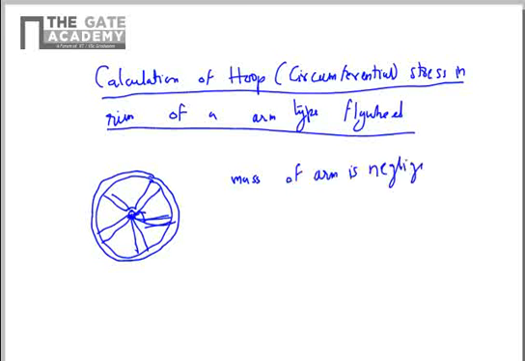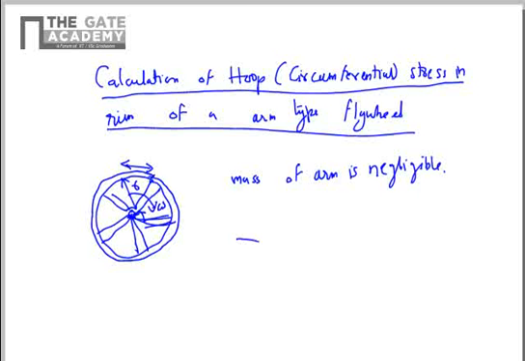Negligible. So in this case, if the flywheel is rotating with angular speed omega, and the radius of the rim is r, then what is the hoop stress, or the circumferential direction stress, in the rim?